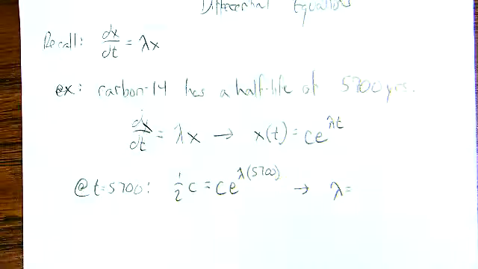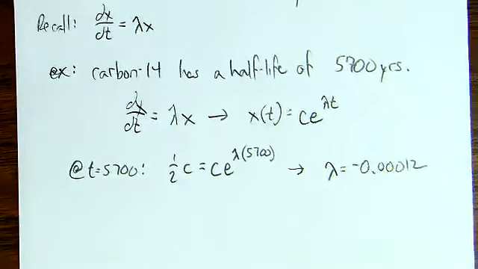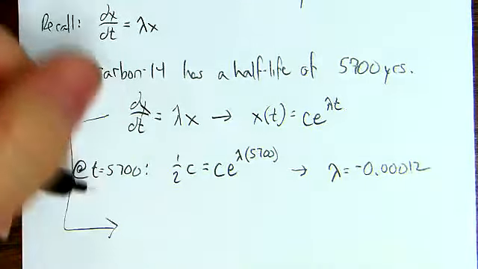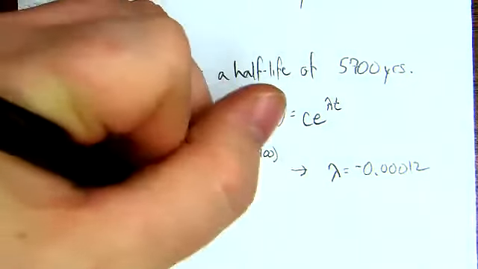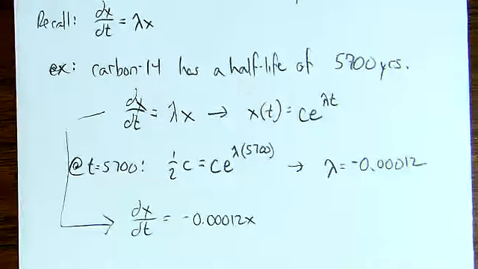The c cancels out, and we get that lambda here is about negative 0.00012, which allows us to refine our differential equation to dx dt is equal to negative 0.00012 x.